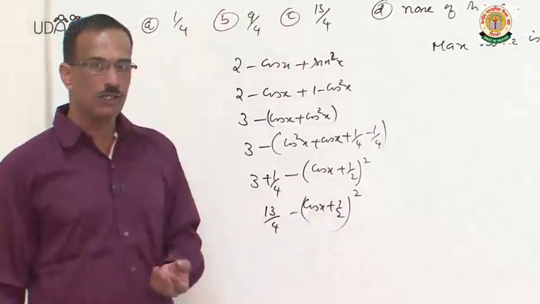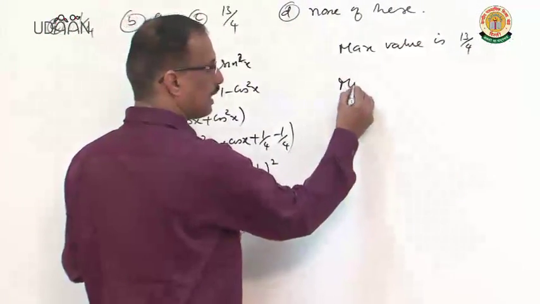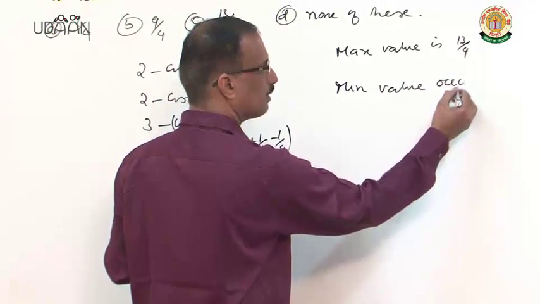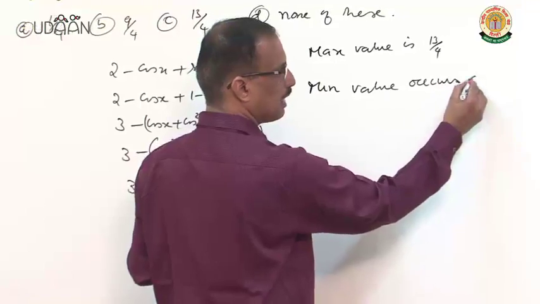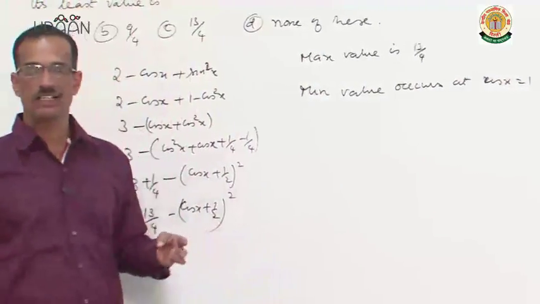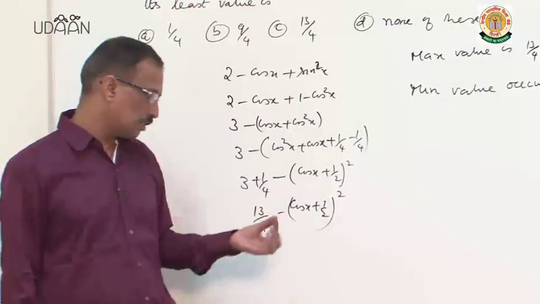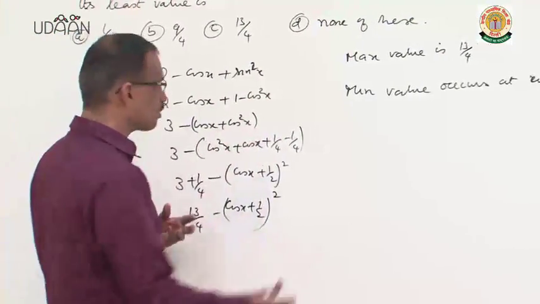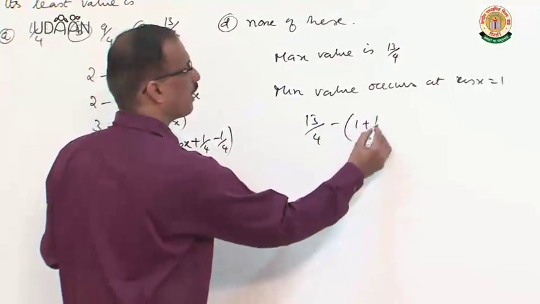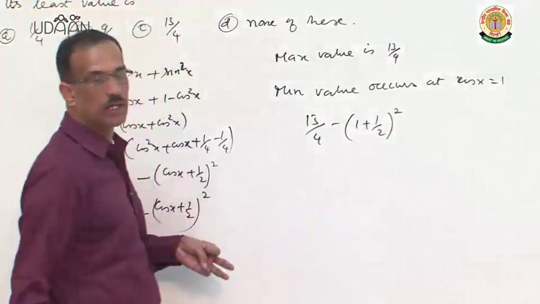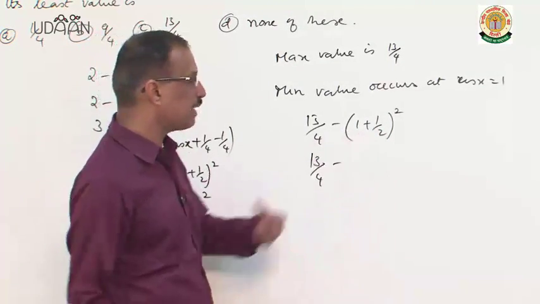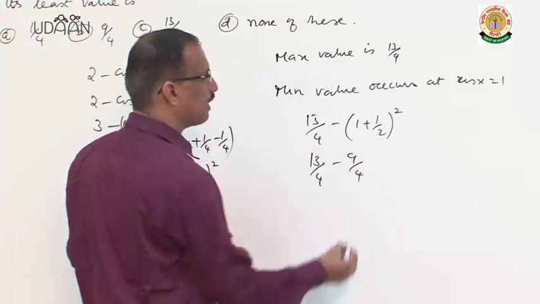And the minimum value is what? Minimum value occurs at cos x equal to 1. That is the maximum value of the cos x. So cos x is equal to 1 means what you will get? 13 by 4 minus of 1 plus 1 by 2 whole square, or 13 by 4 minus, this is 3 by 2, that gives us 9 by 4.